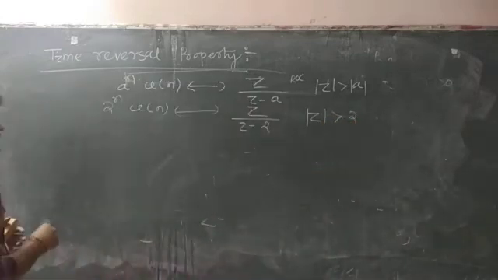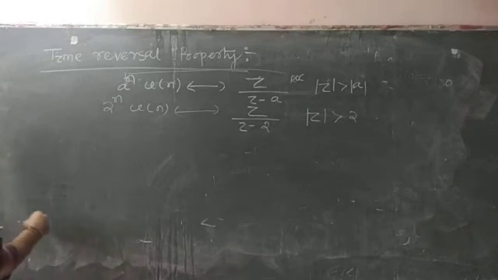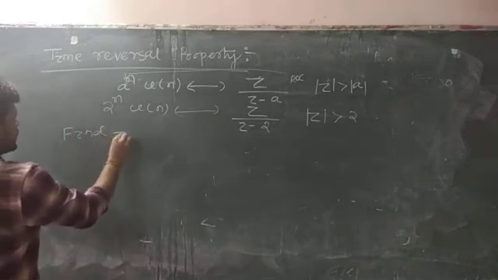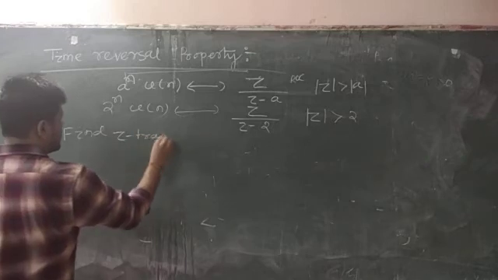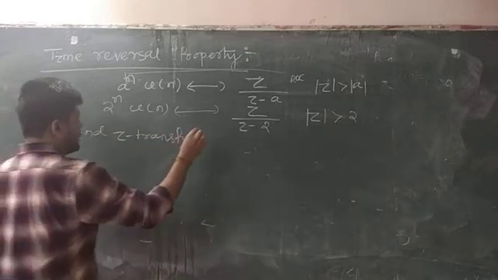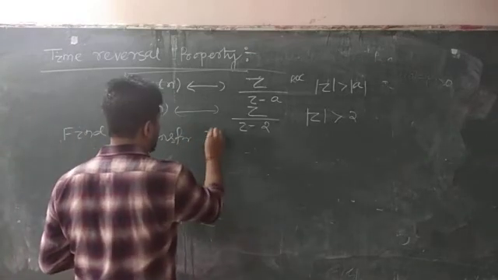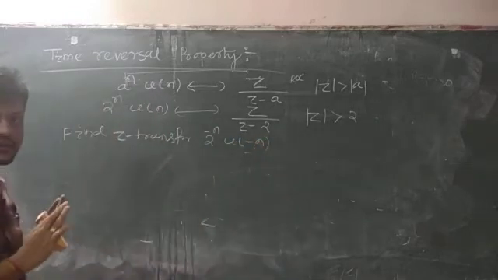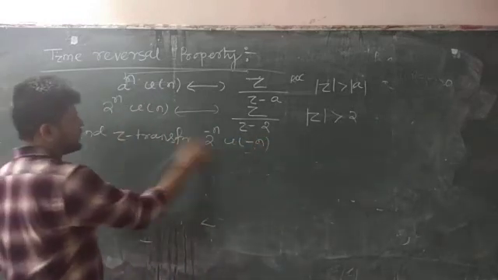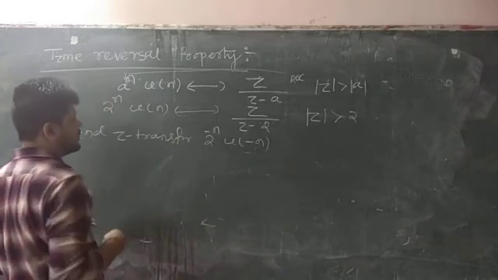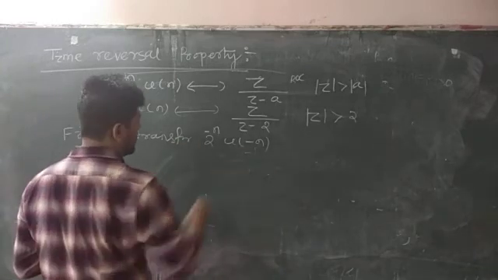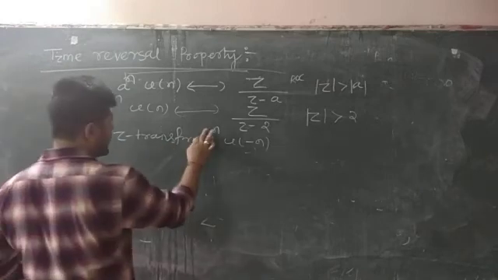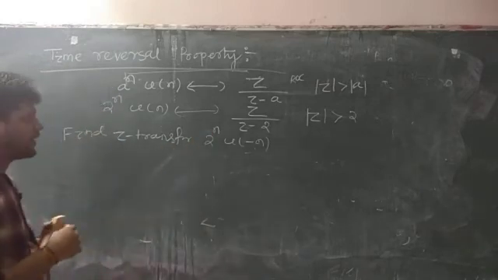And suppose the question is: find the Z transform of 2 to the power minus n u of minus n. You can compare this: wherever n is written, you have time reversal, or you can see here 2 to the power n u of minus n, we can write like this.